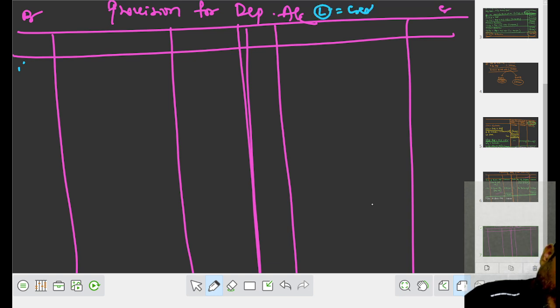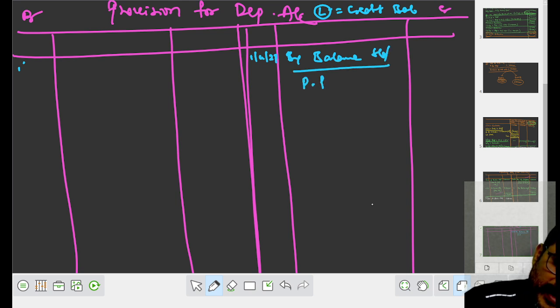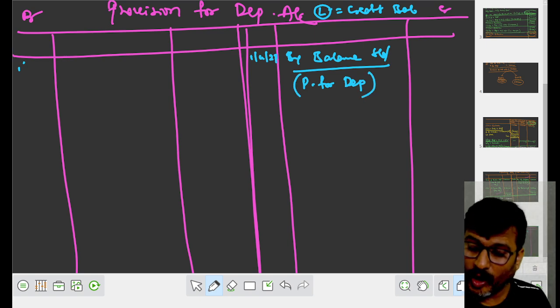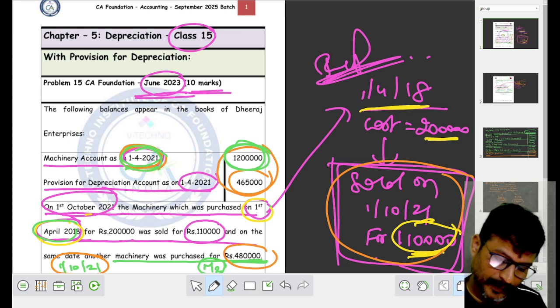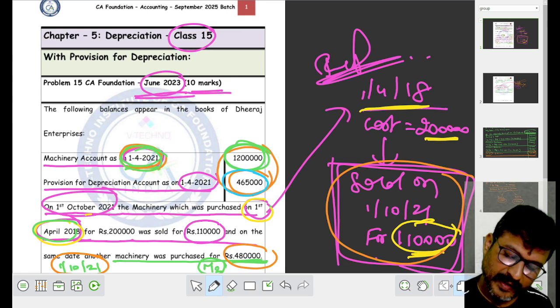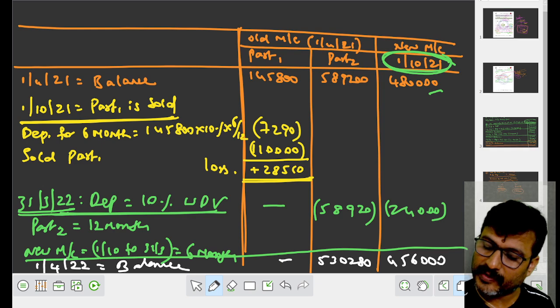Liability means it is what balance? It is credit balance. 1st April 21, by balance brought down, that is provision for depreciation. How much provision for depreciation on the opening date? See, the provision for depreciation is 4,65,000.